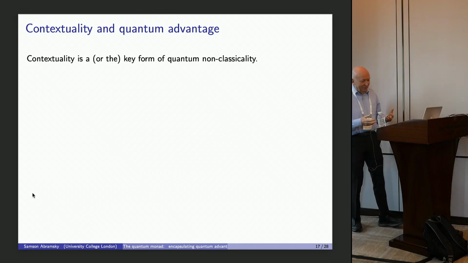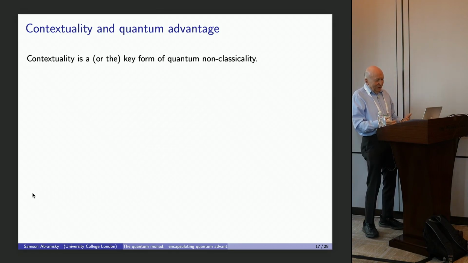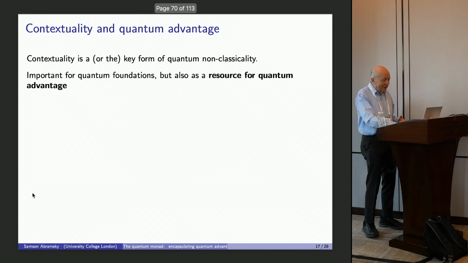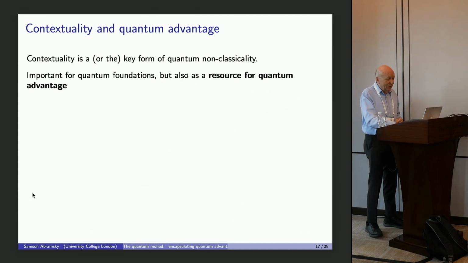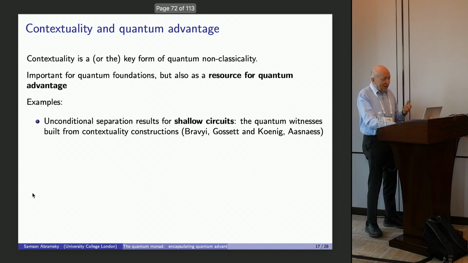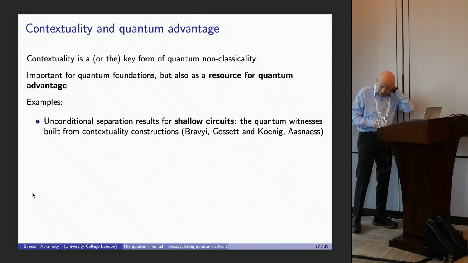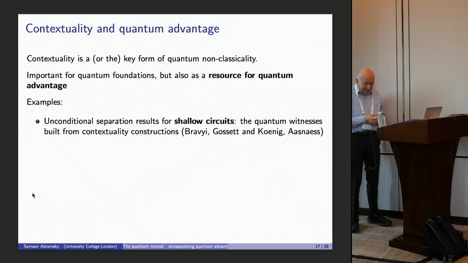Well, one of the main things that has been found over the many decades of research is contextuality. Maybe it's the key one. It's important for quantum foundations, but also very much as a resource for quantum advantage. And there are many examples. Let me just mention a few. One of the very few unconditional separations of classical from quantum are the striking results by Bravyi, Gosset, and König for shallow circuits.